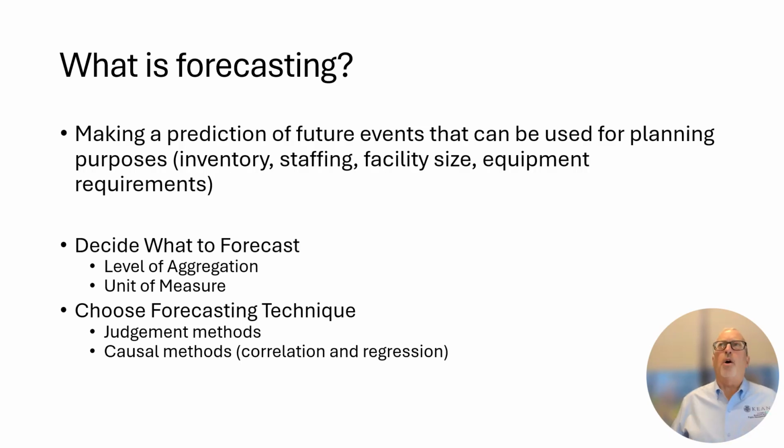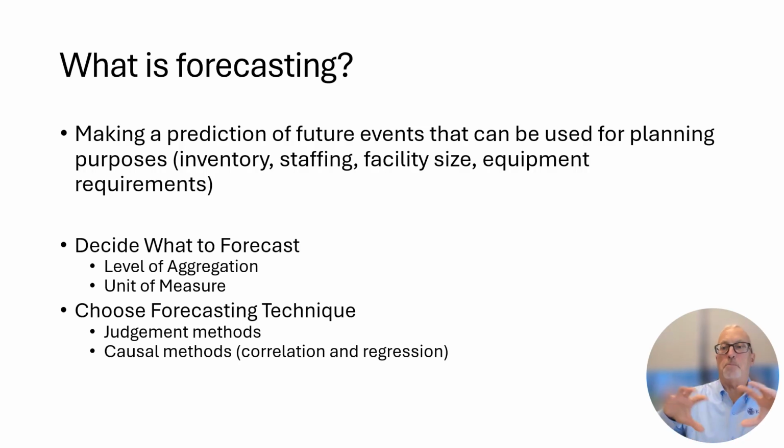Causal methods are things where we can correlate things together. So when the temperature gets higher, air conditioner sales go up. That's a correlation. Regression allows us to go even a step further. If you remember regression from statistics versus correlation, correlation is one variable to another. So sales based on temperature, price to quantity sold, one-to-one relationships.